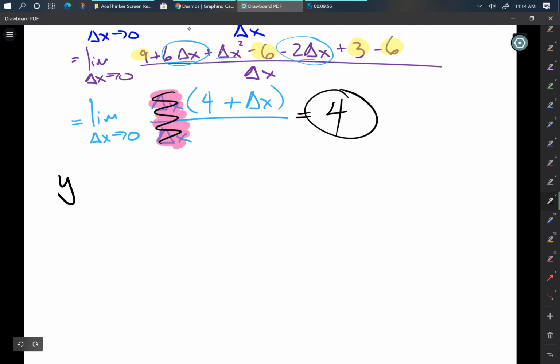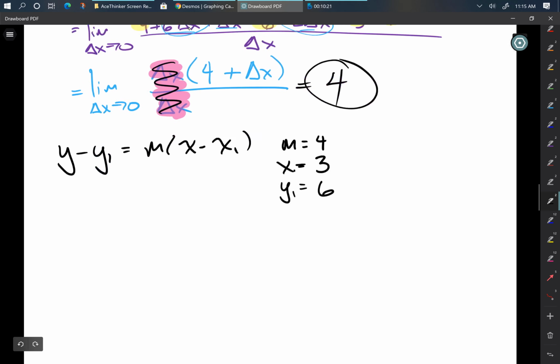So I'm going to use the point slope formula. The equation of a line can be found by knowing the slope and a fixed point on that curve. I know that my m is 4. I know that my x is 3. And I know that my y, or my x sub 1 and my y sub 1, was that 6. Right.